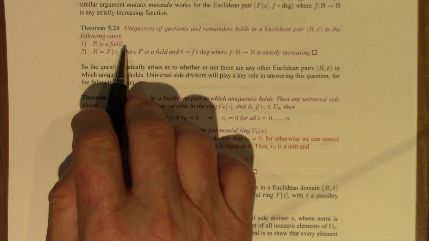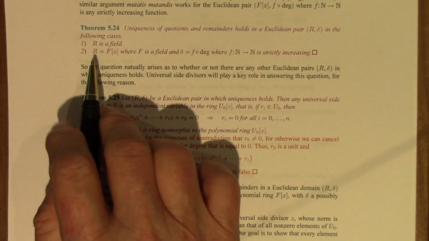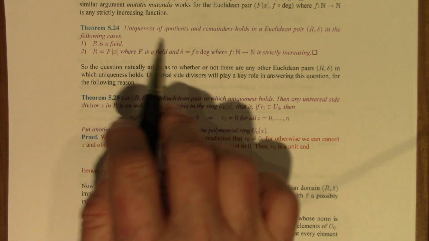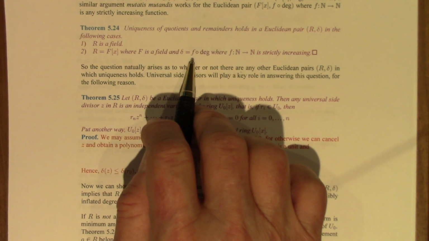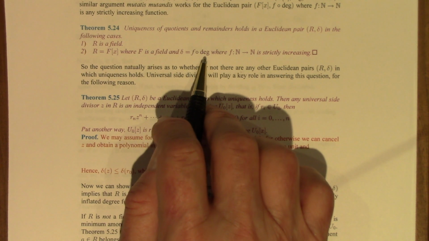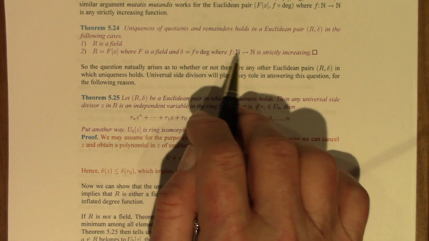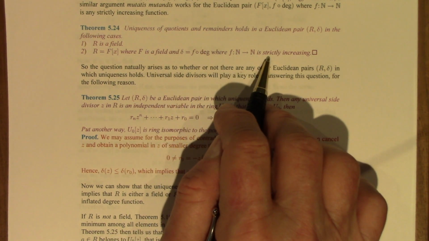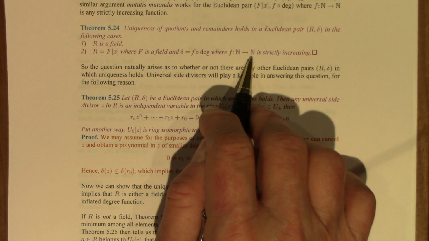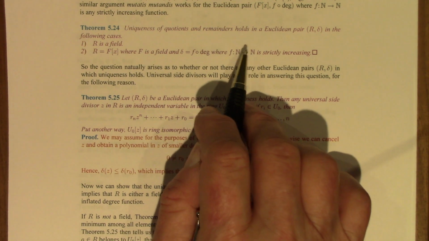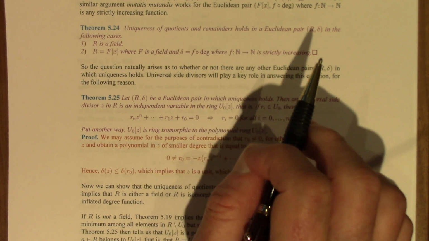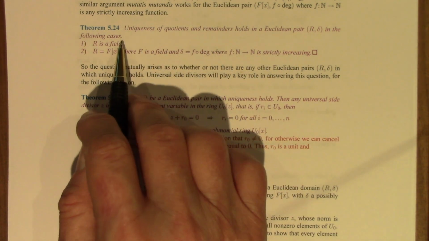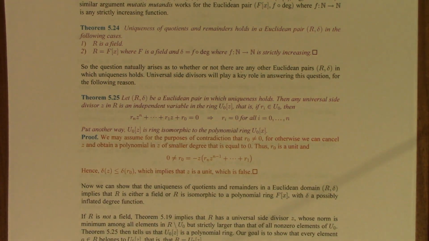R is a field, or R is a polynomial ring over a field, and the norm has the form f composed with a degree function, where f is a strictly increasing function on the natural numbers. This is not an if and only if. It just says these are 2 cases where uniqueness does hold.